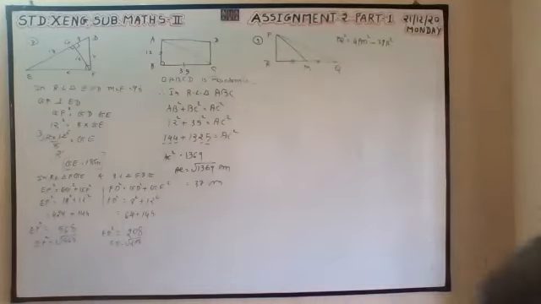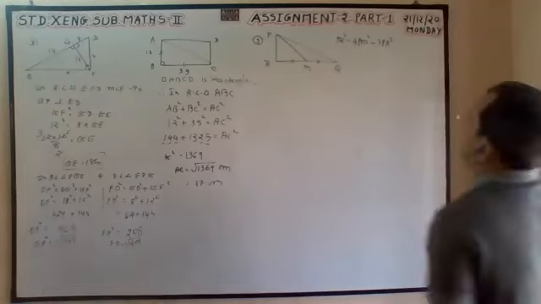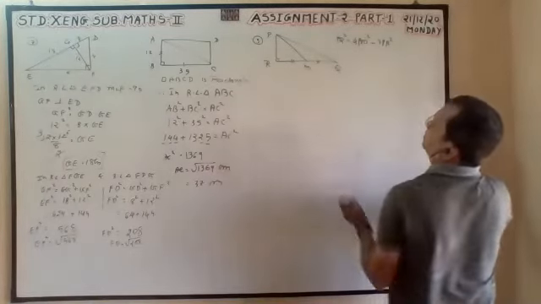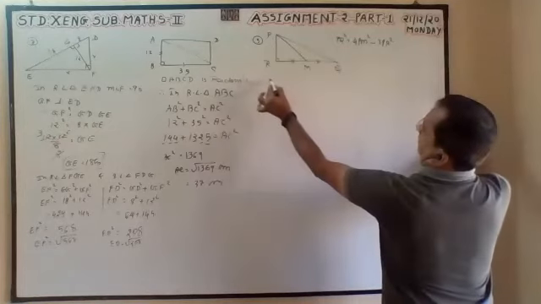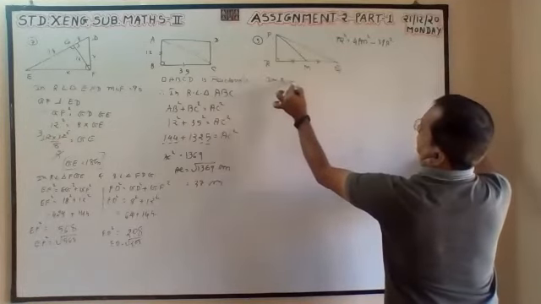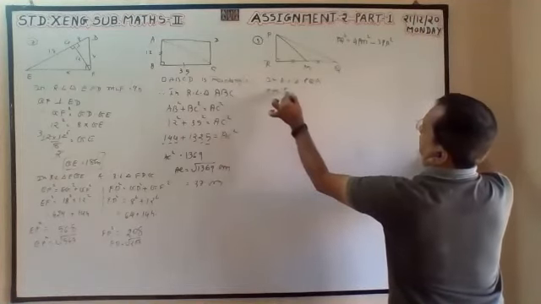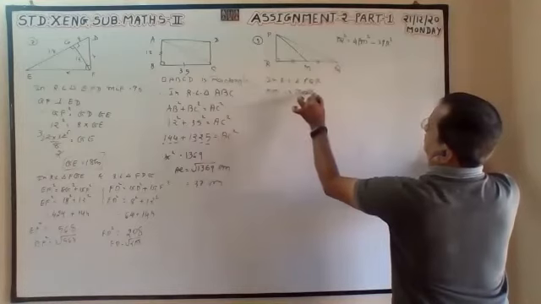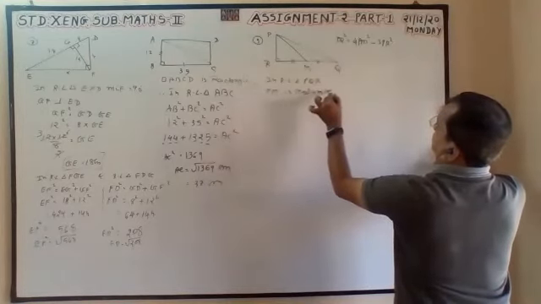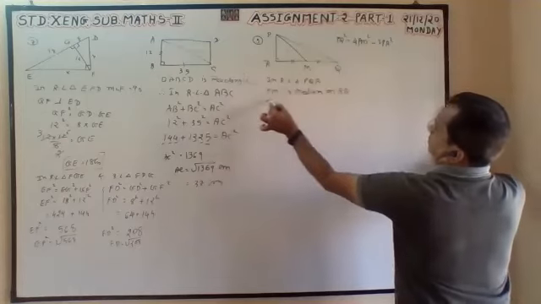If you will take in right angle triangle PQR, PM is median on RQ.